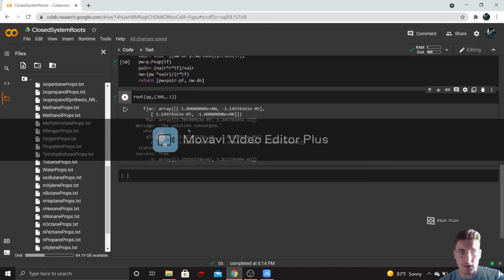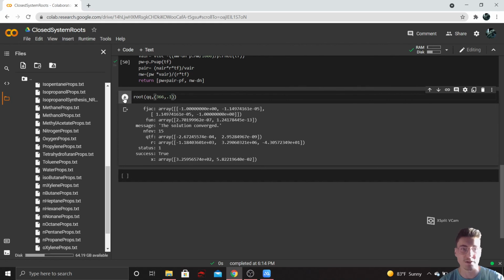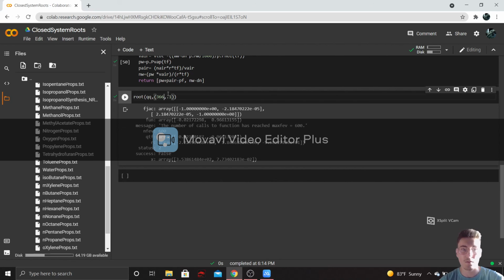So the problem here also was that I was putting in, so I changed it to 300. So if we go back to 366, which was the one temperature before, we can see that it says the number of calls to function has reached the maximum for the root function.